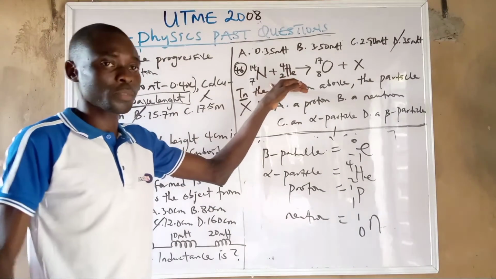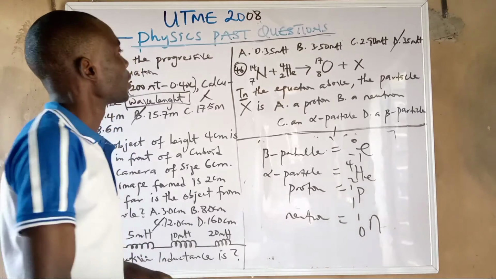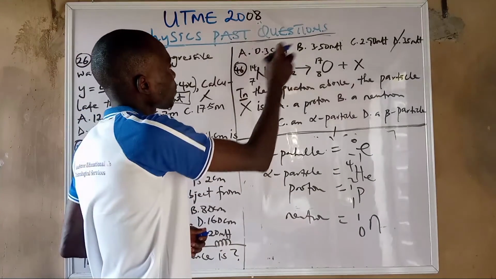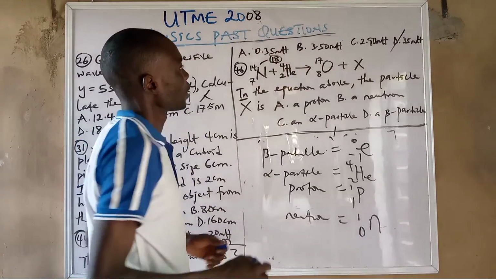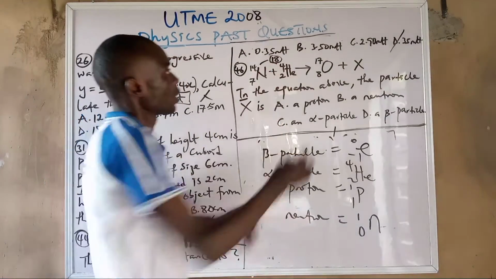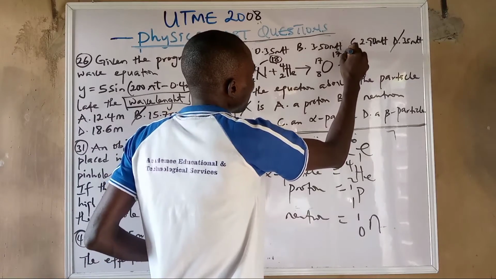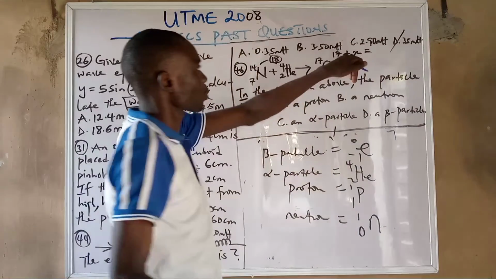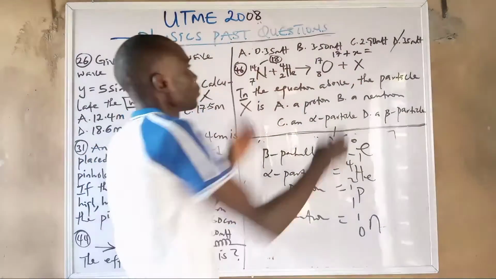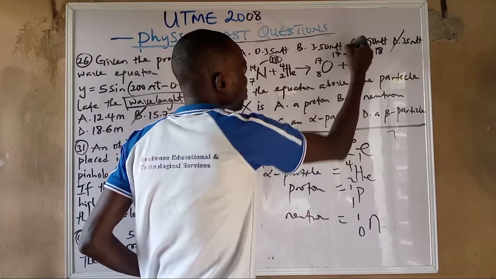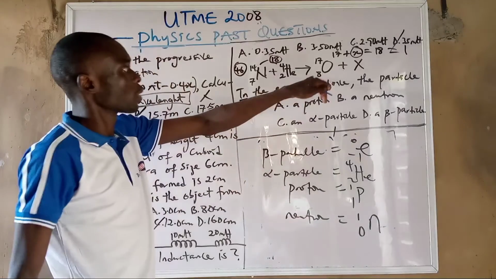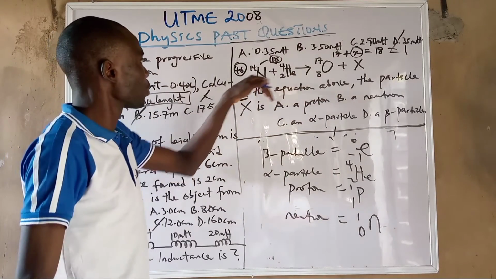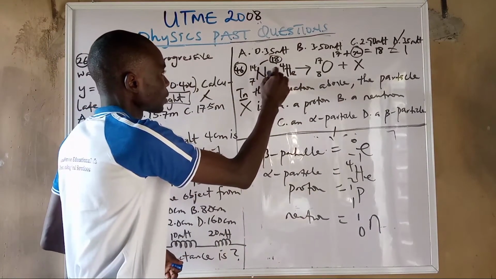It's a matter of balancing the equation. For the mass number, 14 plus 4 gives 18. So 17 plus x should also give us 18, so x is 18 minus 17, which is 1. Coming to the atomic number, 7 plus 2 is 9.